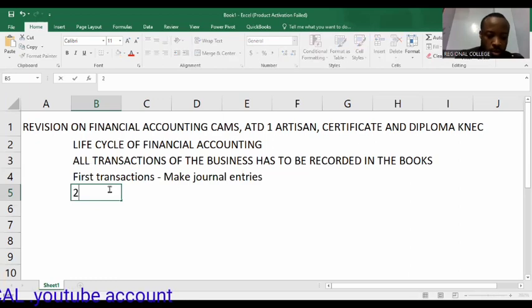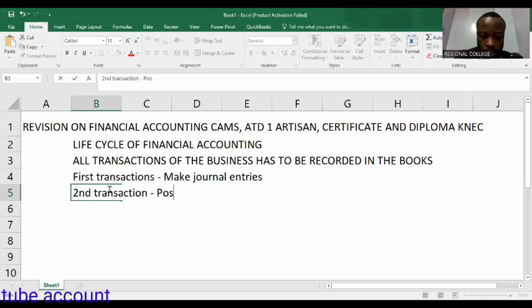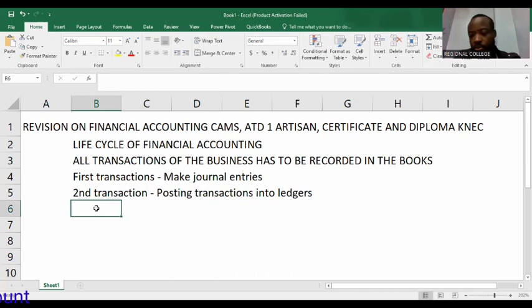Second step, posting transactions into the ledgers.